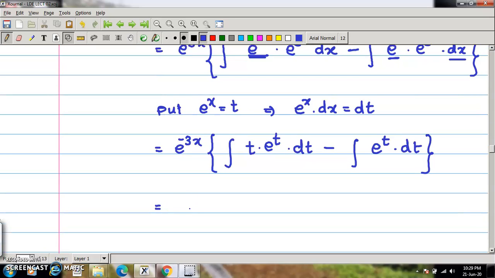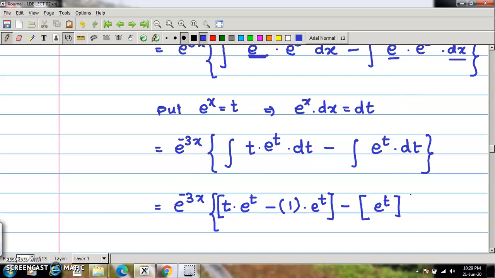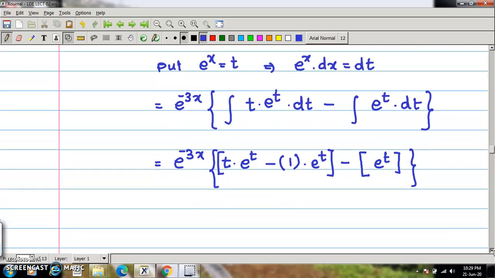So we apply the integration by parts rule again. So e raised to minus 3x as it is, first function as it is, integration of e raised to t, minus derivative of t into integration of e raised to t. This is our first integral, minus integration of e raised to t is e raised to t as it is.